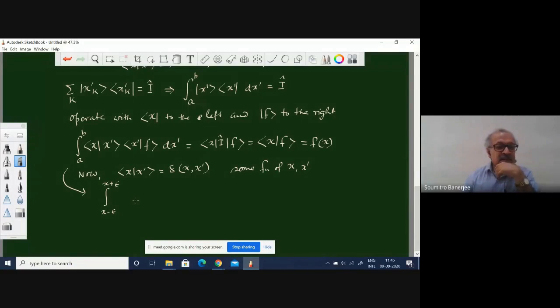So we write this as delta(x, x') times f evaluated at x', dx'. Now x and x prime are two close quantities, and it has to be such that it results in f(x).